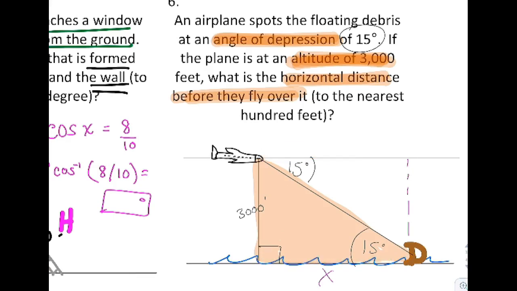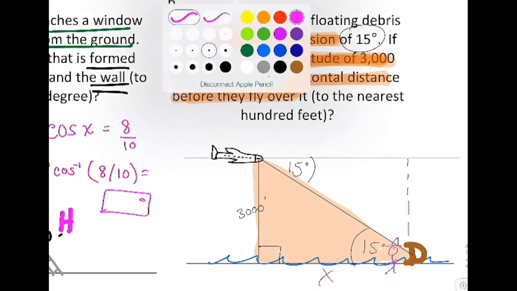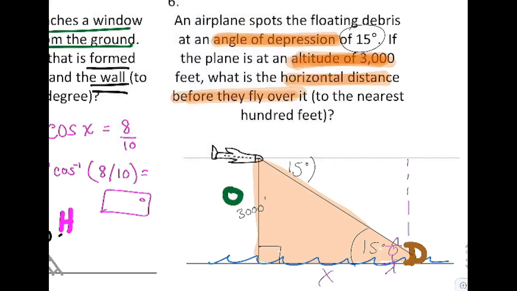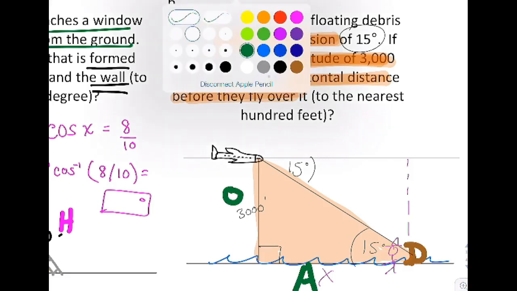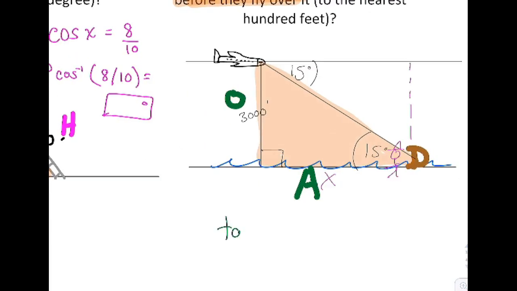So now that I have the triangle drawn, if I'm standing down here, I have the opposite and the adjacent. So that's going to be tan. So I have tangent of 15 equals opposite over adjacent.